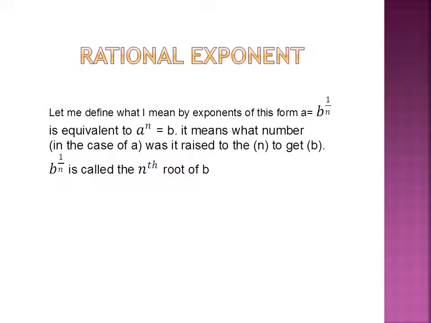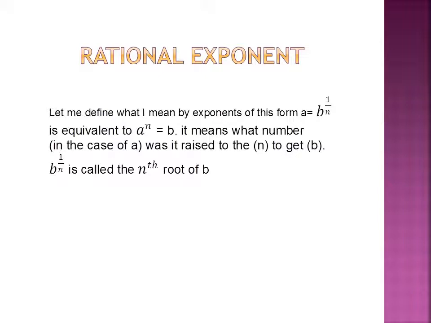Now back to the explanation of b to the power 1 divided by n, which is equivalent to a to the power n is equal to b. So it means, what number a was raised to n to get b? So let's take b as 9. What number is 3, and the n represents 2.